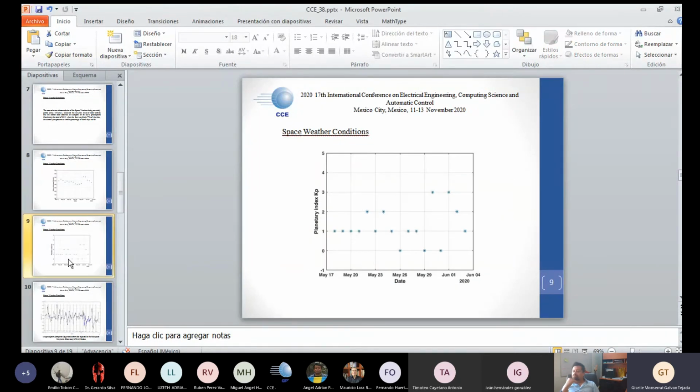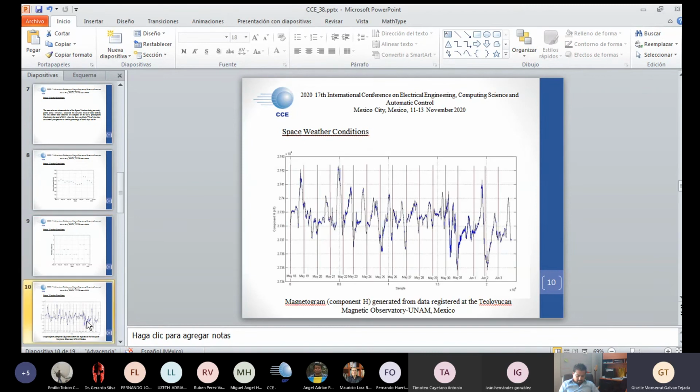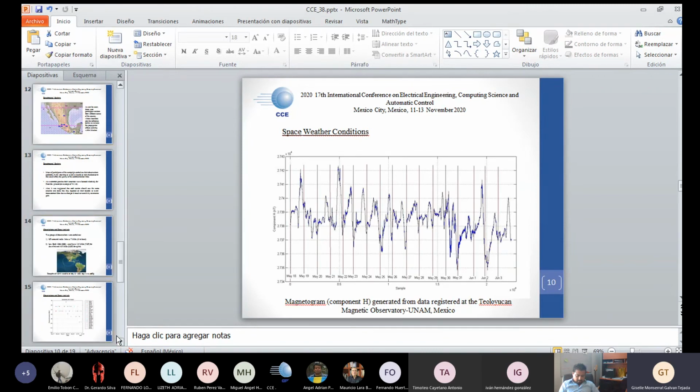About the planetary index, it was very calm because it takes values of 1, 2, or even 0, and only toward the end of May did it increase, but very little. On the other hand, we took some measurements of the H component of the magnetogram generated from the data registered at the Teoloyucan Magnetic Observatory of the National University of Mexico.